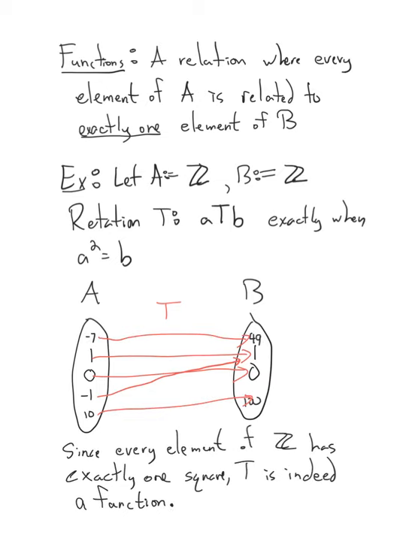Awesome. And functions are nice because you can think of functions as almost a machine. You can think of them like an input-output thing. So what do I mean by that?